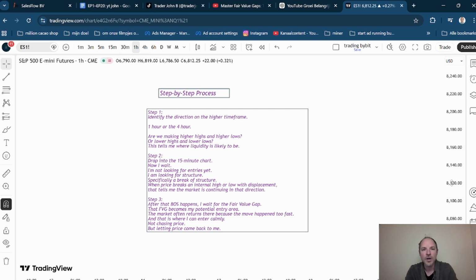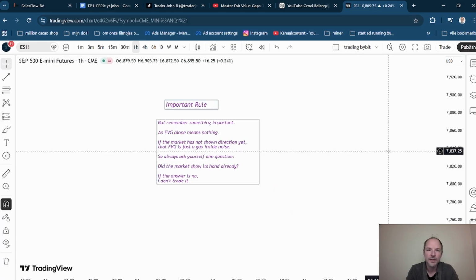And that is where I will enter calmly. We are not chasing the price. We are being patient until the market returns into that fair value gap, and then we have an entry. Letting price come back to me makes it easier. We have a calm entry, and we can set limit orders so that we don't need to chase the market at all.